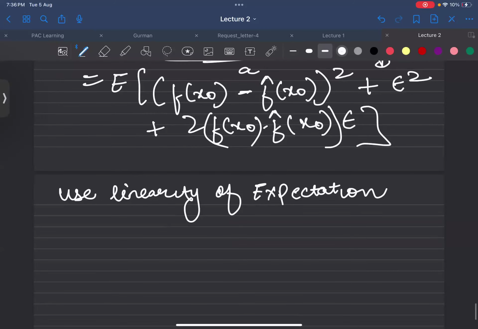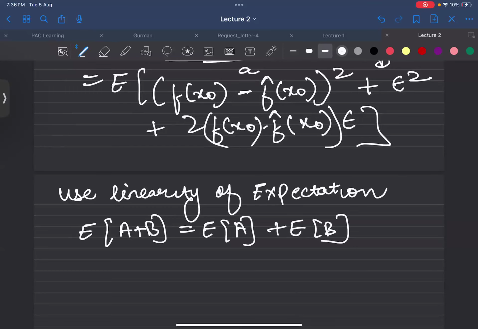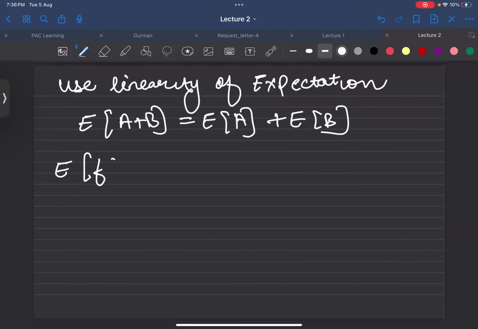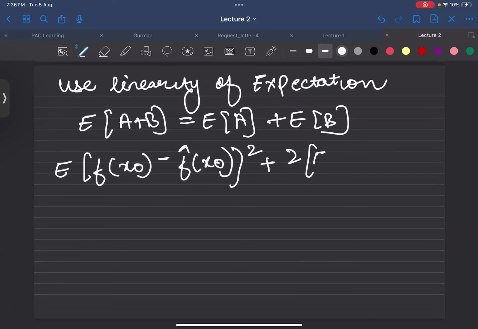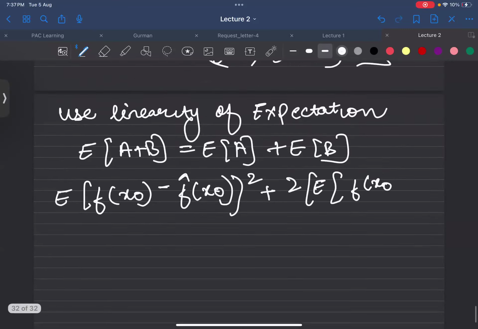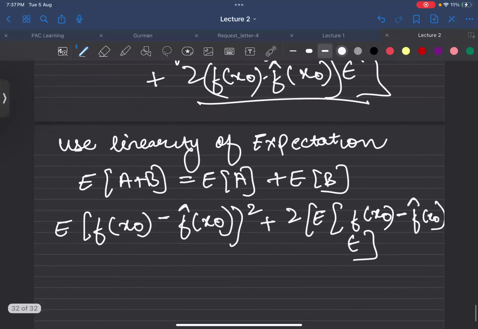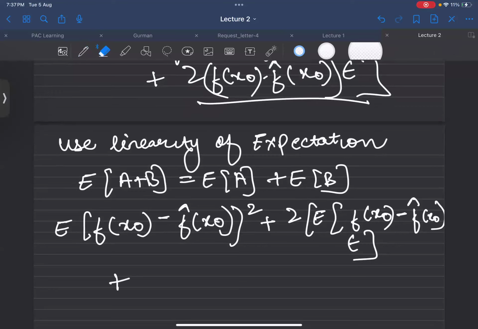So it's like expectation of A plus B is equal to expectation of A plus expectation of B. So expectation of f x naught minus f bar x naught whole square plus 2 of expectation of f x naught minus f bar x naught epsilon, the 2 I have taken out, plus expectation of epsilon square.